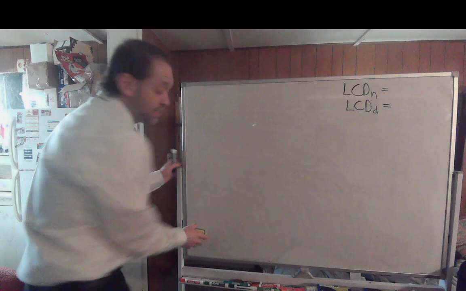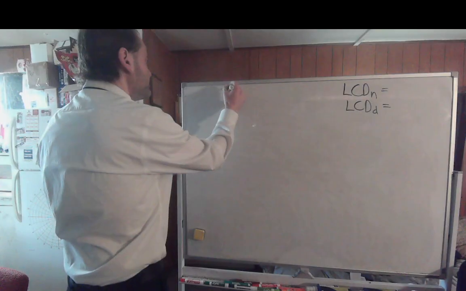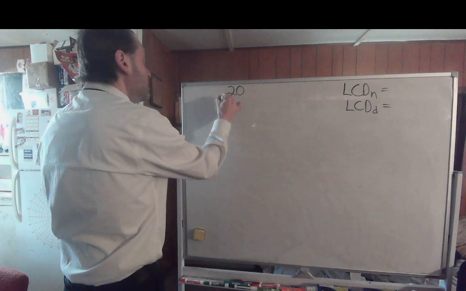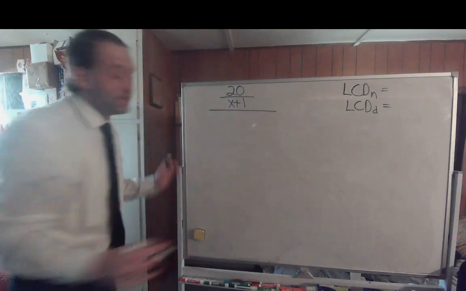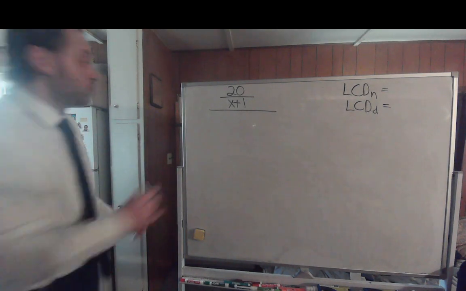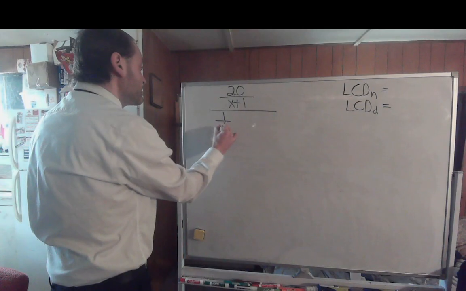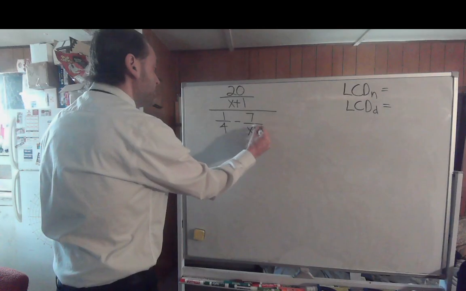Alright, so the next complex fraction, we have 20 over x plus 1, all that divided by 1/4 minus 7 over x plus 1.